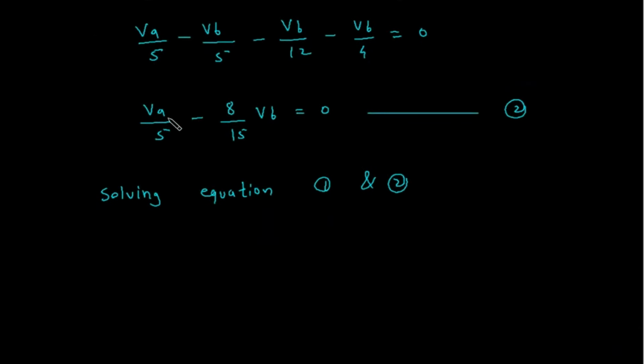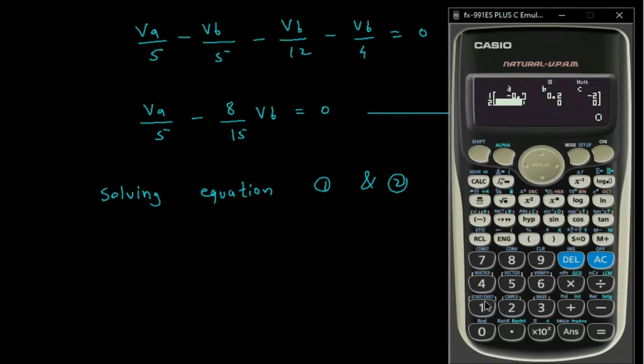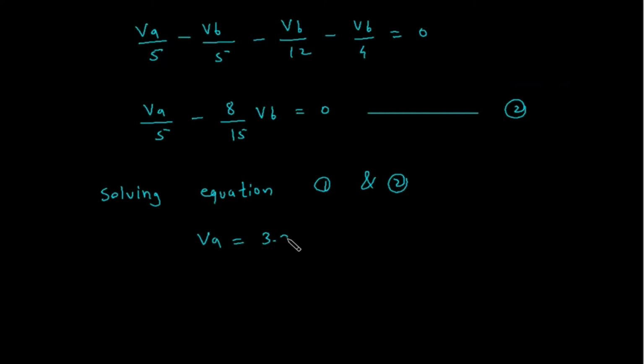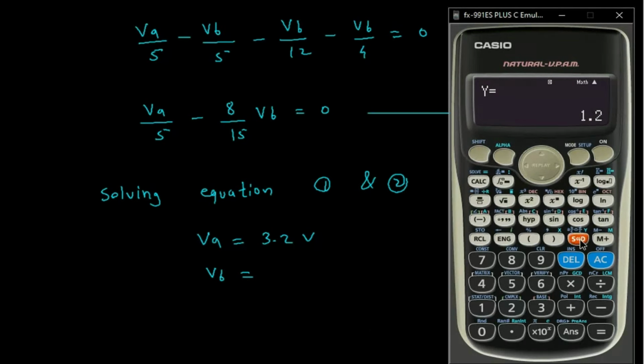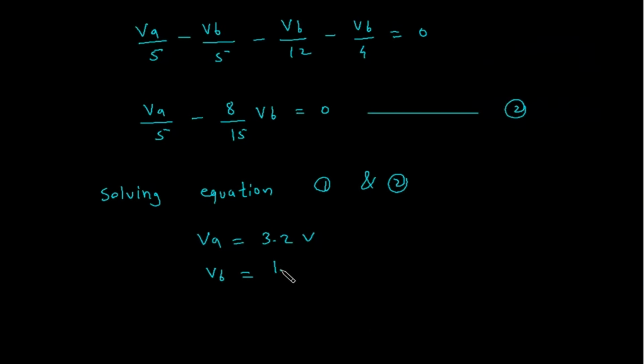From equation 2, this will be 1 by 5, minus 8 by 15, 0. So VA is equal to 3.2 volt and VB is equal to 1.2 volt.